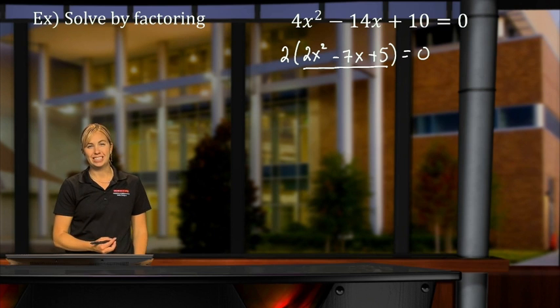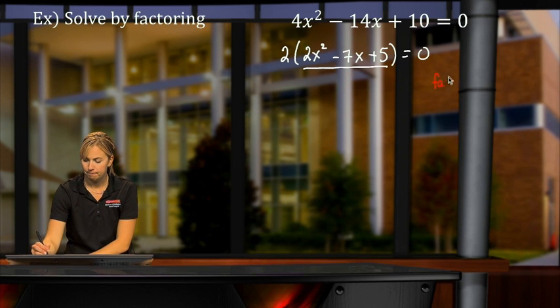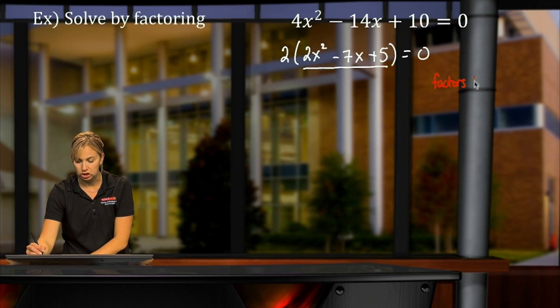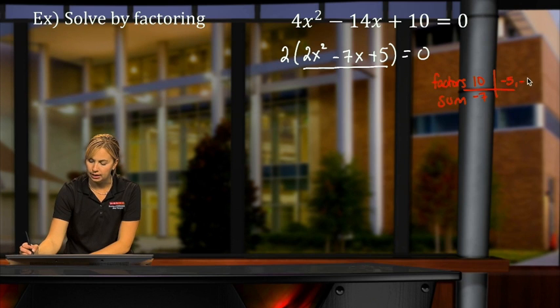Since the lead coefficient is different than 1, we're going to use the AC method. So we need factors of 5 times 2, which is 10, that sum to -7. -5 and -2.